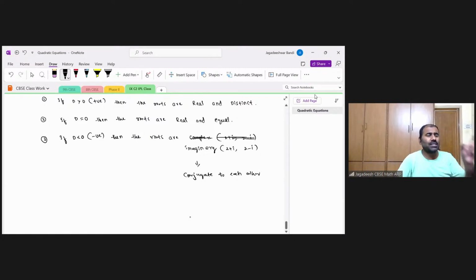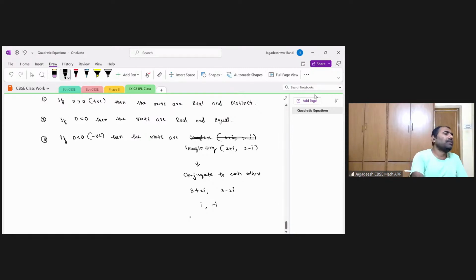So if one root is 2 plus i, definitely the other root will be 2 minus i. If one root is 3 plus 2i, definitely the other root will be 3 minus 2i. If one root is simply i, the other root will be minus i. Like that. They are called conjugate to each other, meaning they will exist in pairs like this.